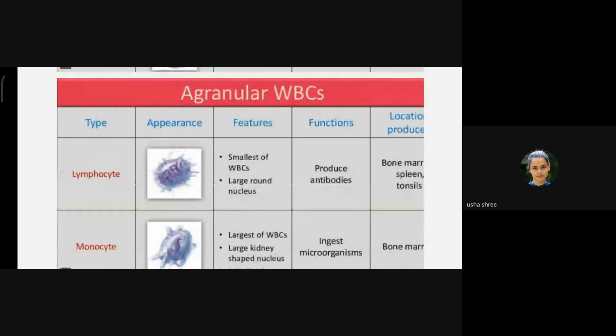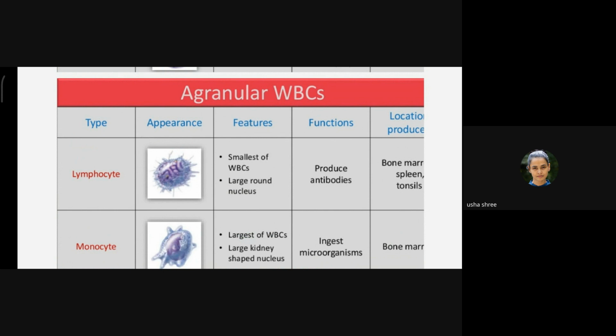Now, agranular WBC are lymphocyte and monocyte. Lymphocyte by name you can understand it's part of lymphatic system. Appearance of a lymphocyte you can see in this picture, and features are smallest of WBC and large round nucleus.